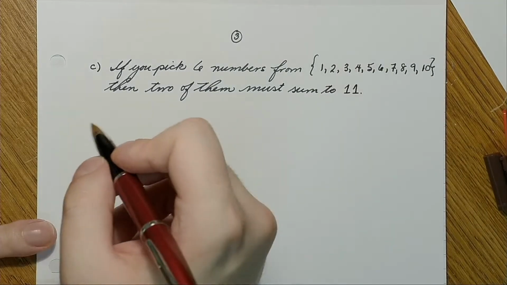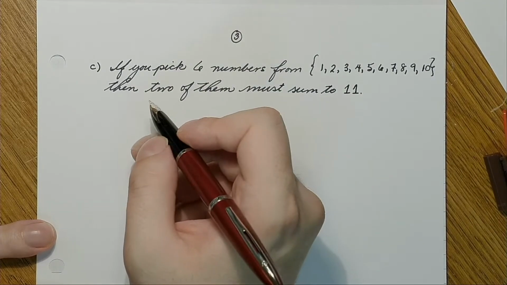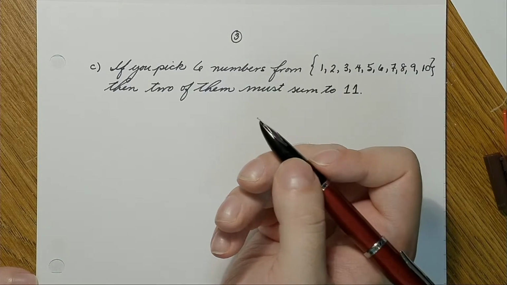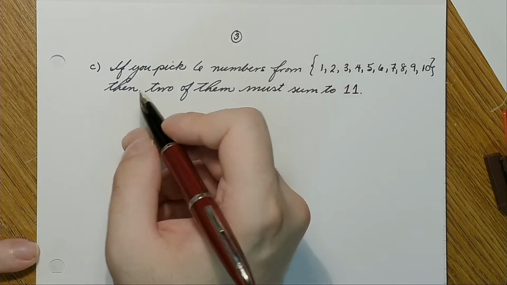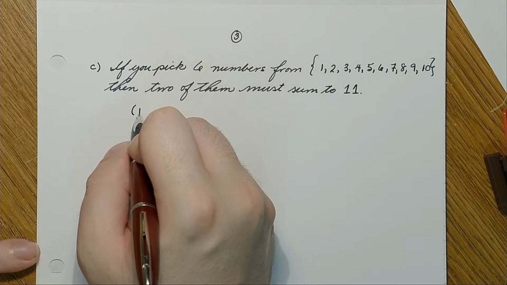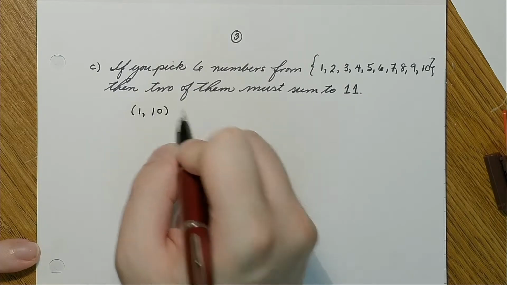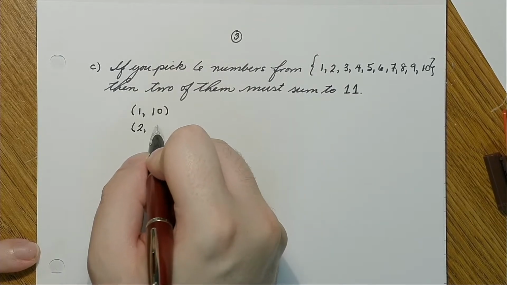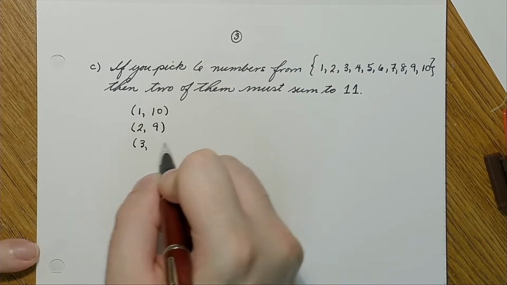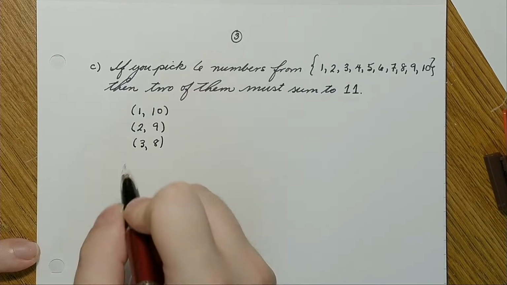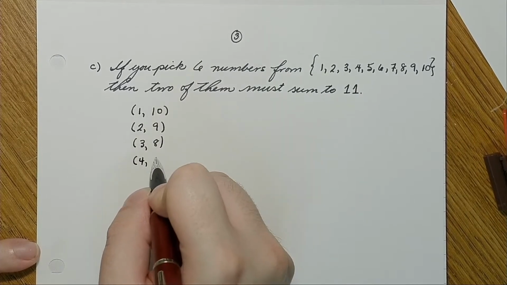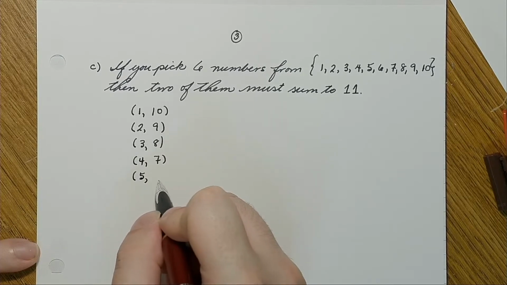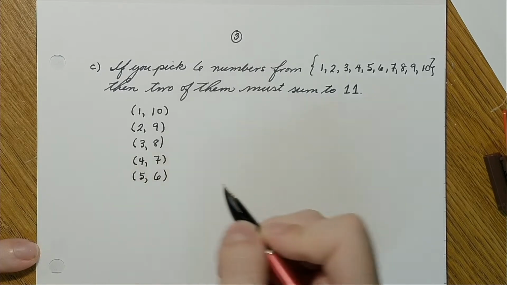Okay, so how could we prove that? Every number can be paired with another to sum to 11, and there are 5 pairs that we can do. So you can have 1 and 10, that gives you 11. You can do 2 and 9, and we just decrease and increase in the second digit. Then 5 and 6, and that's it.